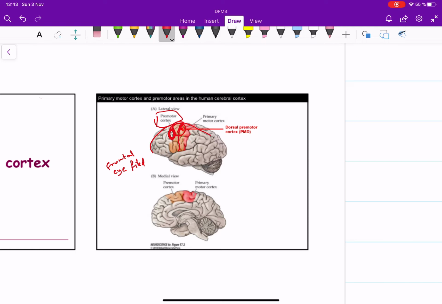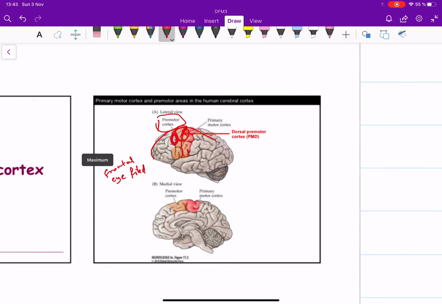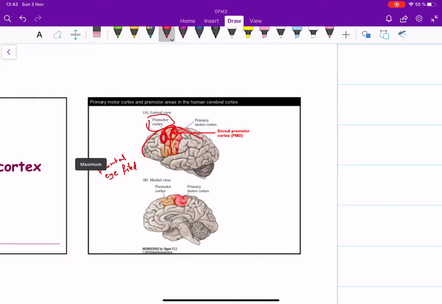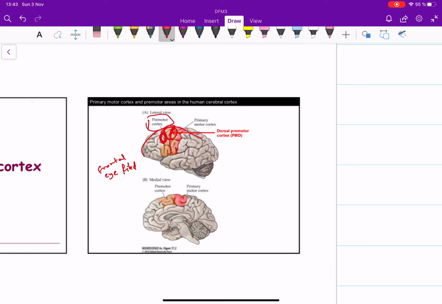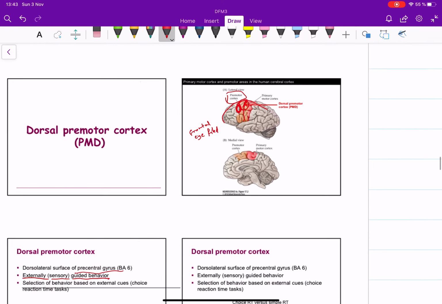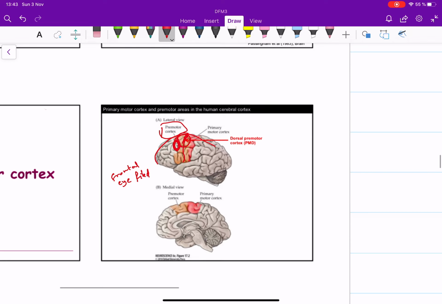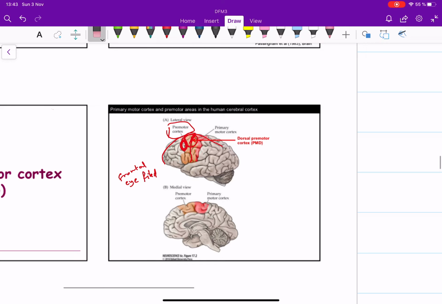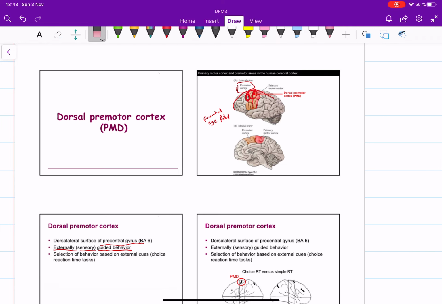Here, the frontal eye field is responsible for initiated movement. But nearby to it, the dorsal premotor cortex is responsible for externally guided behavior.